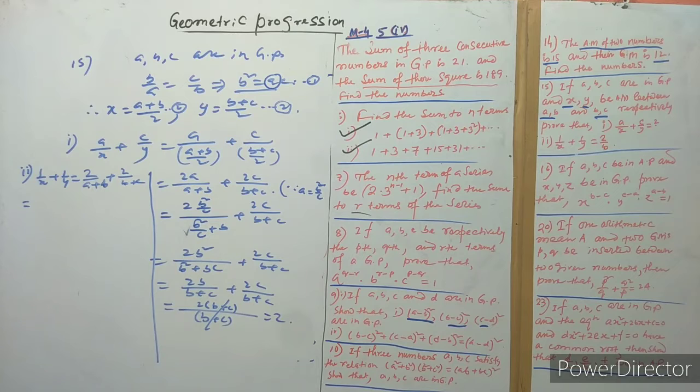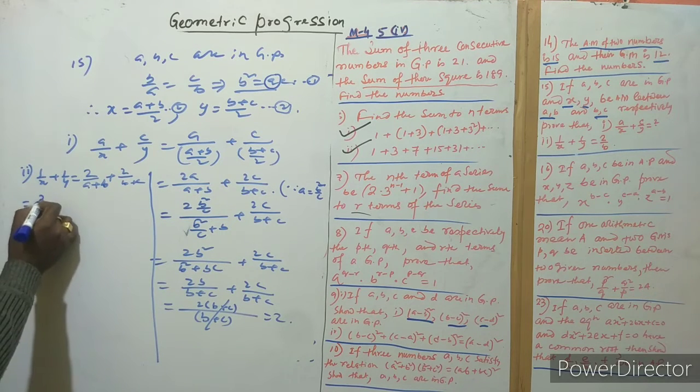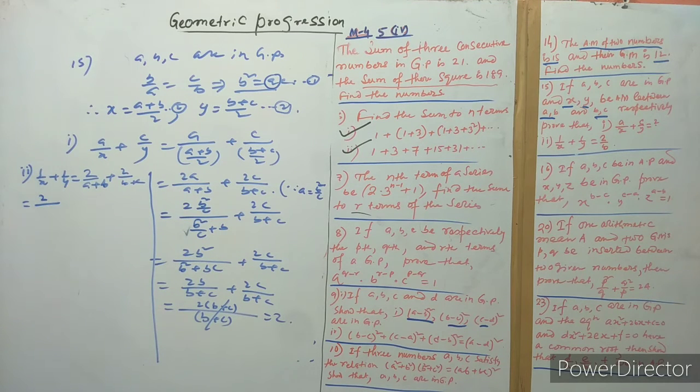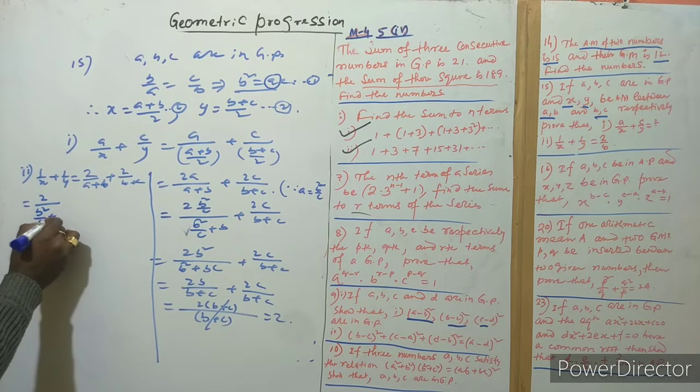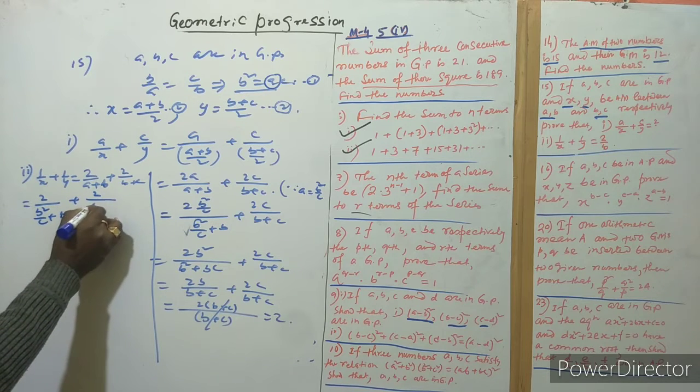Now see, again the same case, in place of A we apply B square by C, any one of the two variables like A or C. So now we write A equal to B square by C, and B by B plus C here.